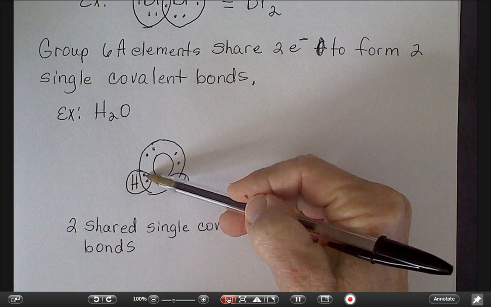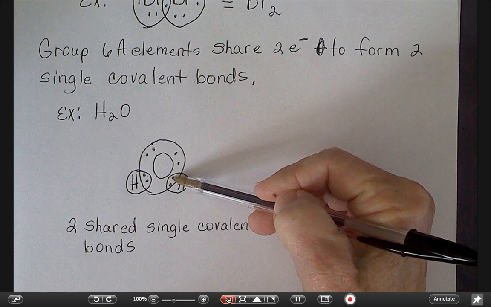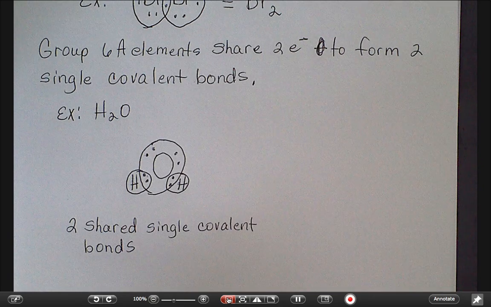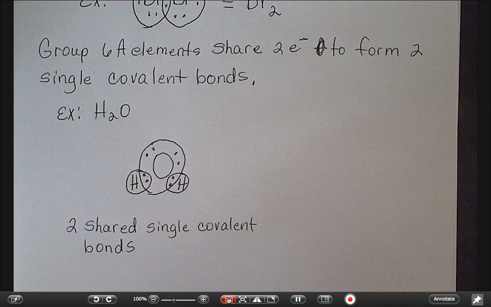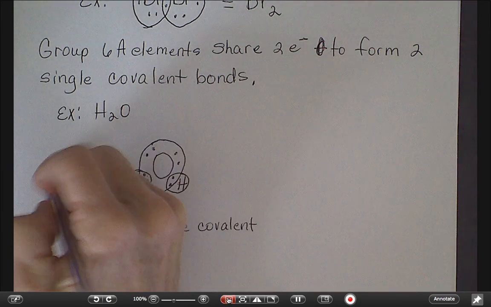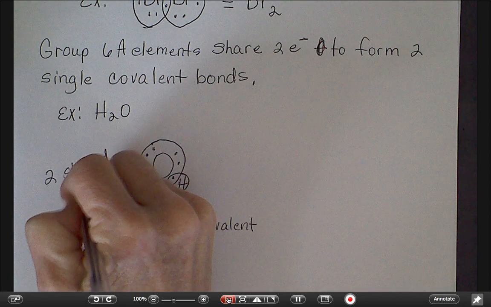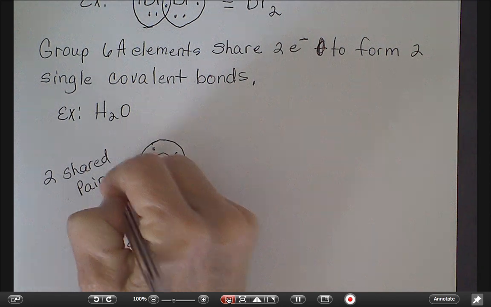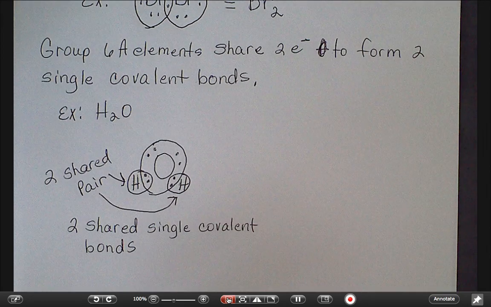This is a single covalent bond, and this is a single covalent bond. And you can also see me call it 2 shared pair. 1, 2.